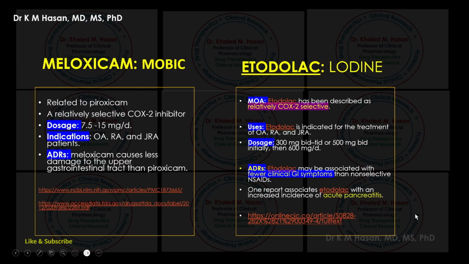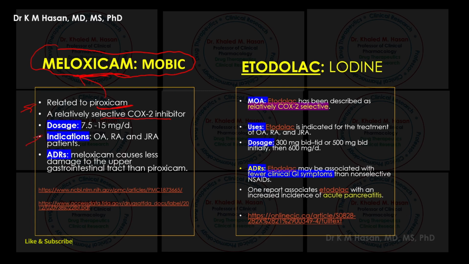Okay, next medication here on the left side, we have Meloxicam, brand name Mobic. Meloxicam is related to piroxicam. You see the cam here at the end. We have the oxicams, piroxicam and Meloxicam. So we have a derivative of piroxicam called Meloxicam, a relatively selective COX-2 inhibitor, available in 7.5 and 15 milligrams.